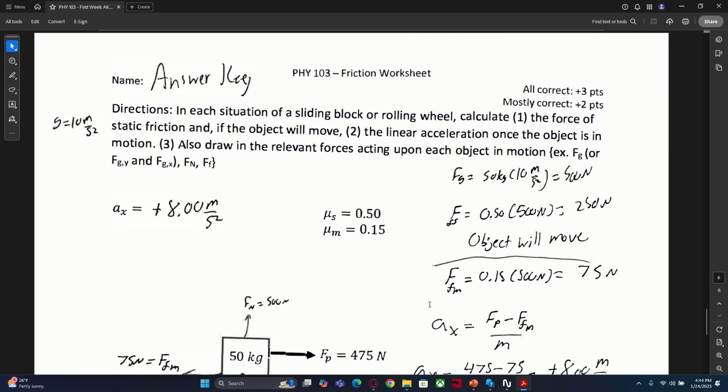In each situation of a sliding block or rolling wheel, calculate 1, the force of static friction, and if the object will move, then 2, the linear acceleration once the object is in motion. 3, also draw in the relevant forces acting upon the object in motion, like force of gravity, or the y component and x component for sloped, as well as the normal force and the force of friction, being sure to clarify if it's friction, static friction, or friction in motion, or kinetic friction.